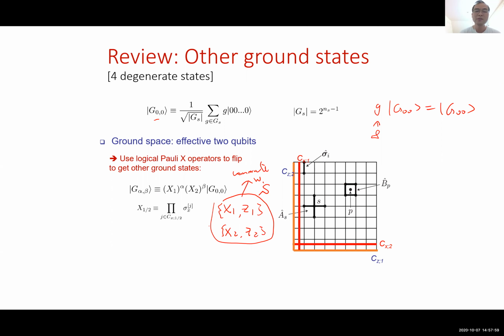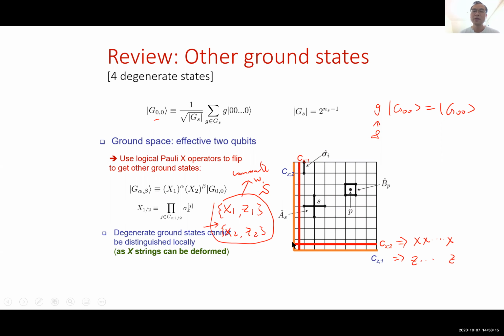But these logical operators, they are products of X, and in this example, products of Z. They are along non-trivial big circles, so the effect will not be trivial, as we'll see.